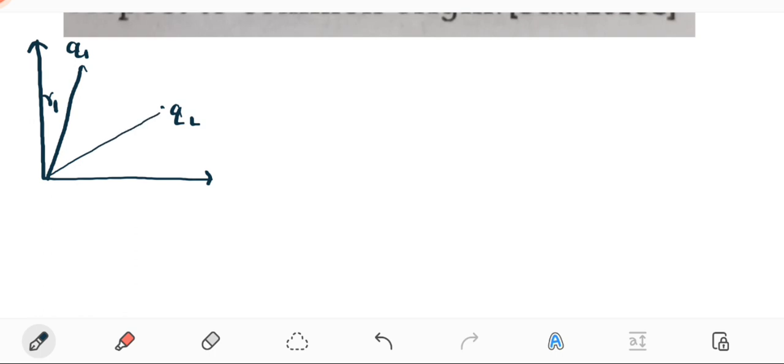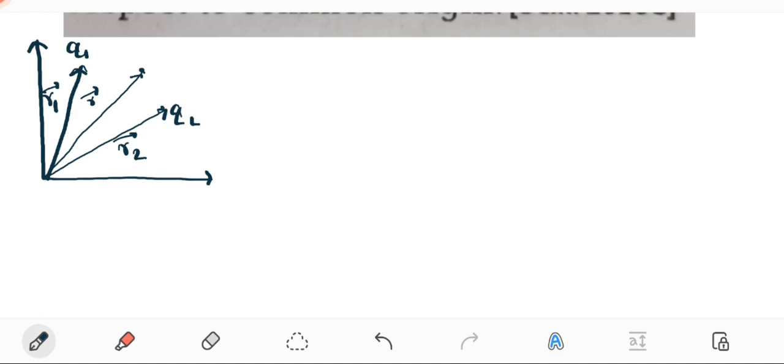Let us consider we have two point charges Q1 and Q2. Q1 is at a distance R1 and Q2 is at a distance R2. We have to find the electric field at a point which is at a distance R from the origin. This is R1, this is R2, and this is R. Okay, now let's solve it.